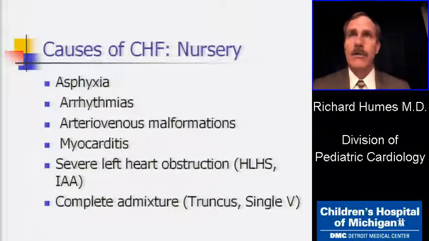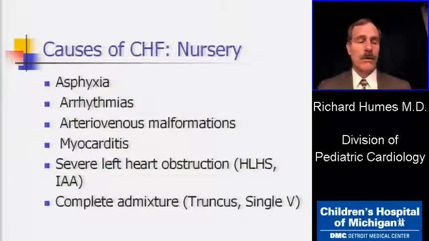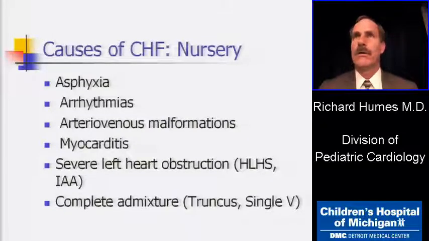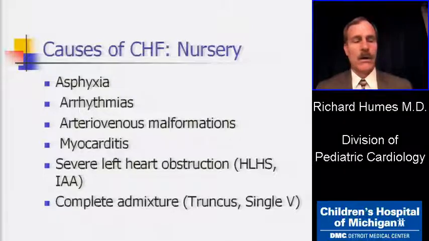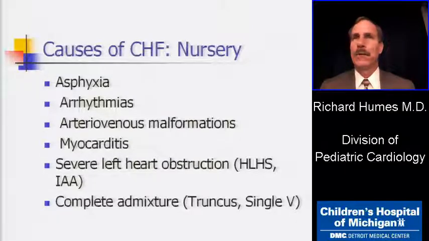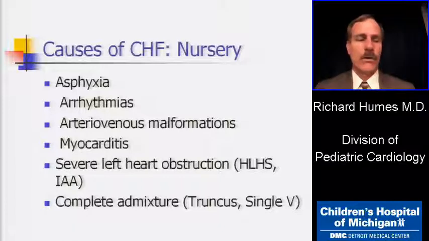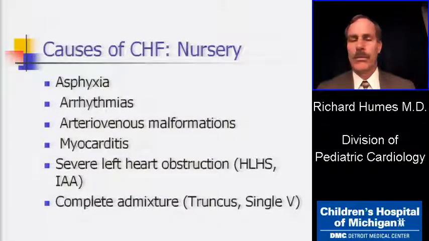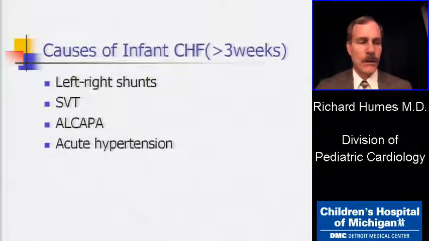Neonatal myocarditis does present in these patients, and we need to be aware of that, as well as some of the congenital heart anomalies, hypoplastic left heart syndrome, ductal-dependent anomalies such as interrupted aortic arch after ductal closure, and some of those complete mixing lesions such as truncus arteriosus and possibly some forms of single ventricle. Now, you're going to see the presentation of congestive heart failure in older patients being a little bit different.